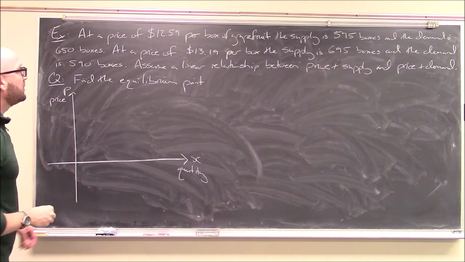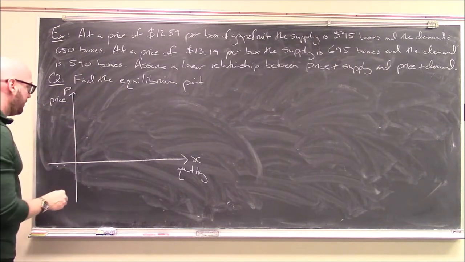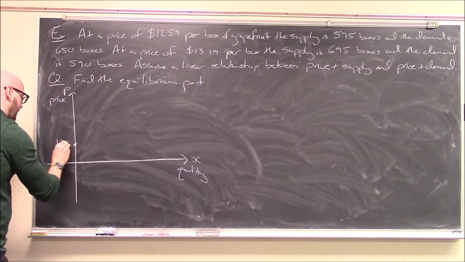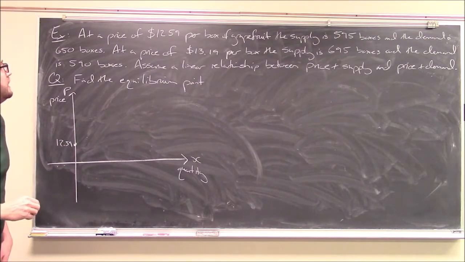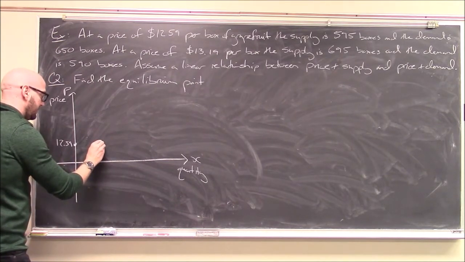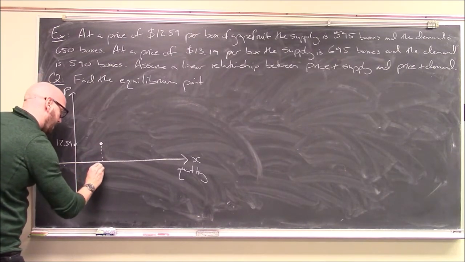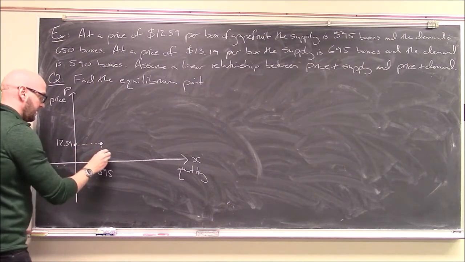Let's deal with supply first. When the price is 12.59, this won't be to scale at all, we'll just put 12.59 here. When the price is 12.59, the supply is 595 boxes, so maybe we'll plot that right here, 595.